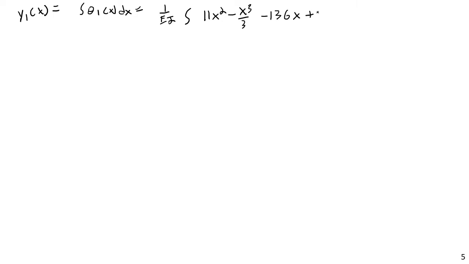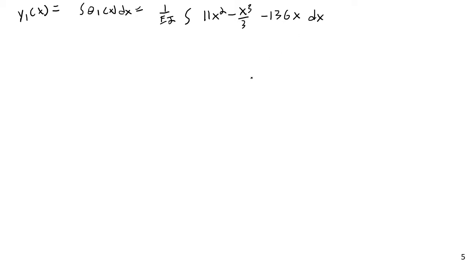Next, y1 as a function of x is simply going to be the integral of theta 1 as a function of x dx. And so that's going to be 1 over EI times the integral of 11x squared minus x to the third over 3 minus 136x dx.